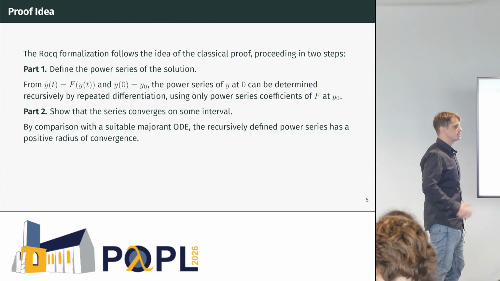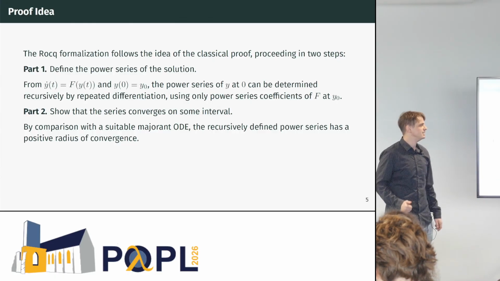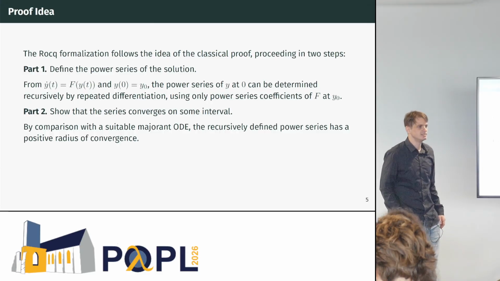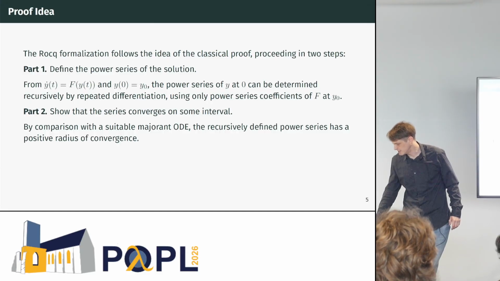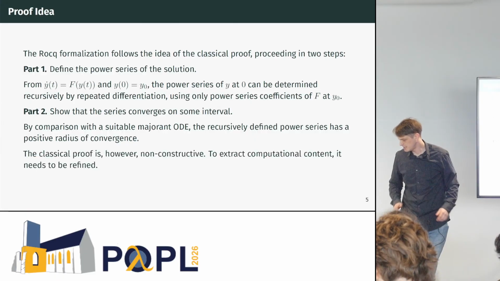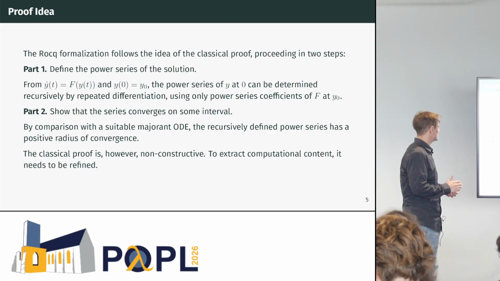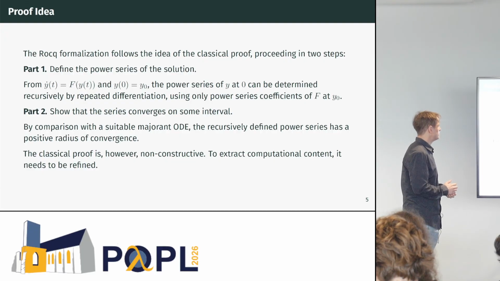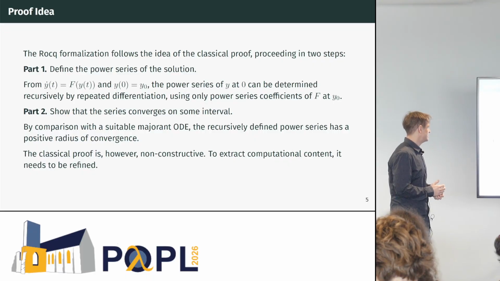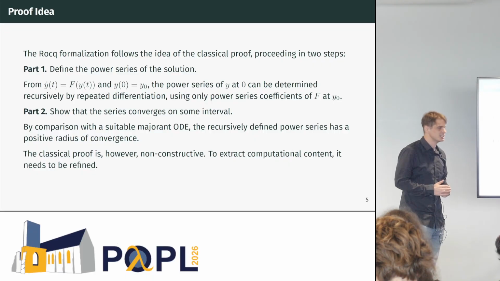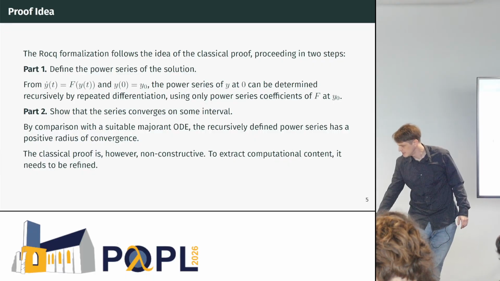From this majorant ODE, we get a majorant ODE for the solution, which then shows that it has a positive radius of convergence. Right, and here's one problem with the classical proof: this step, especially the second step, is not constructive. There's no way to compute the majorant from the power series, for example. If we want to extract computational content, we have to look a bit closer.